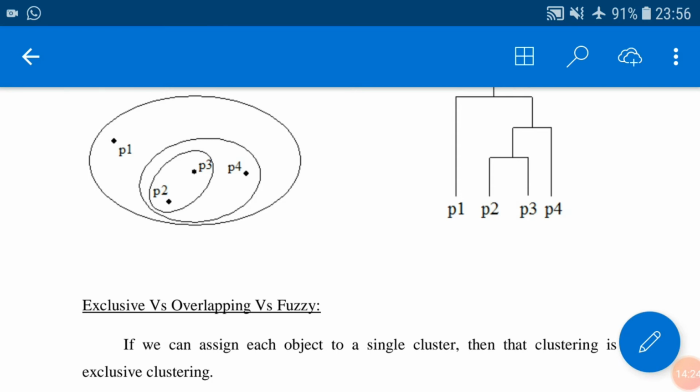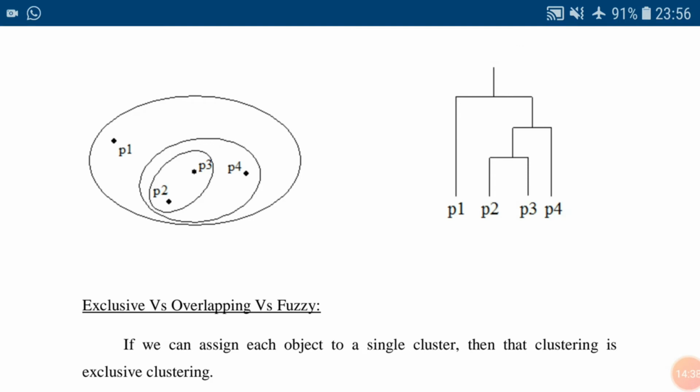Here we can easily observe that this is a nested condition. Nested is nothing but one within another, so one cluster resides in another cluster. In the figure, the cluster P2, P3 is the inner cluster.